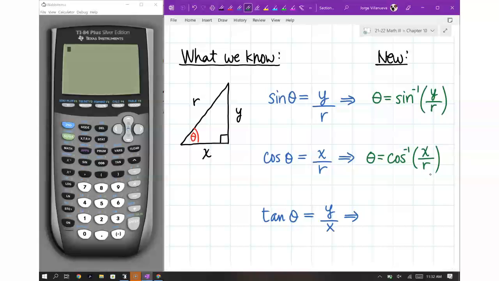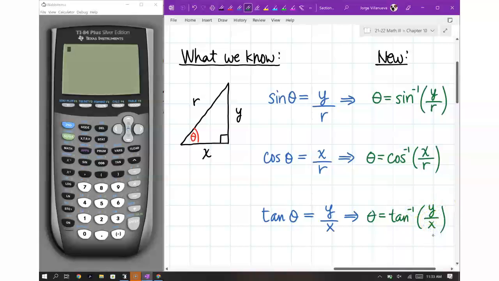All right, first we get to set it up the way we know, and then we're going to immediately jump to the new step. Okay, for the last one, theta is equal to tangent inverse of Y over X.